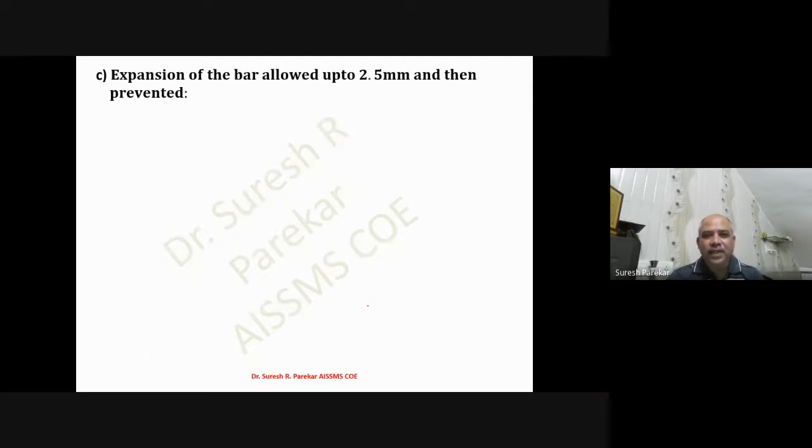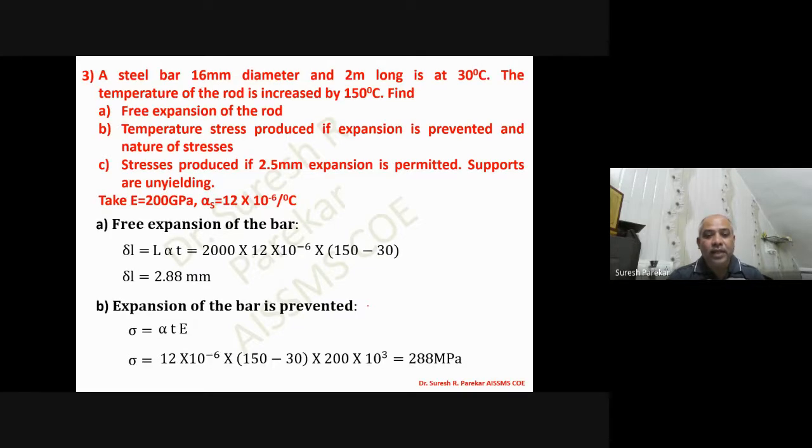And in the third part, we are allowing expansion up to 2.5 millimeter. We have seen expansion is 2.88 millimeter, we are allowing 2.5, so we are going to restrict only 0.38 millimeter.